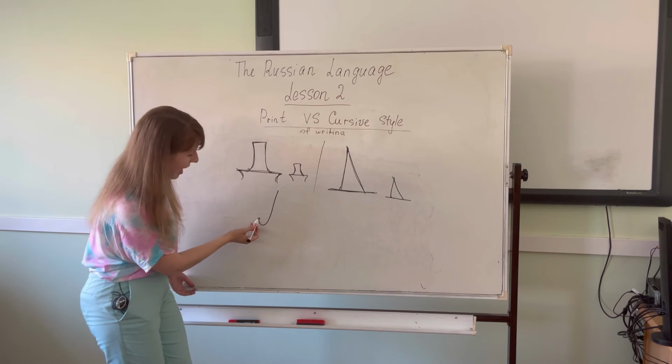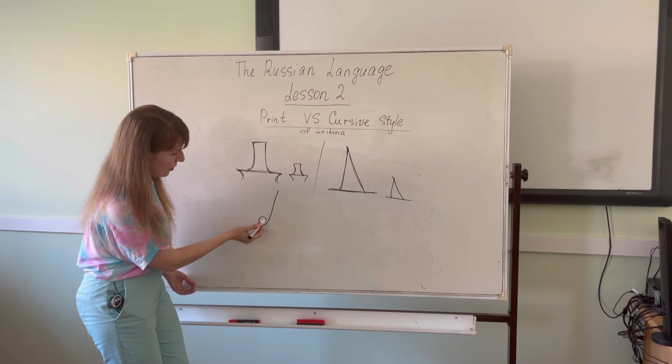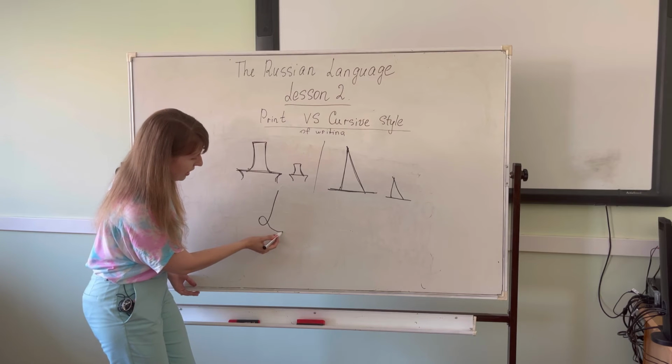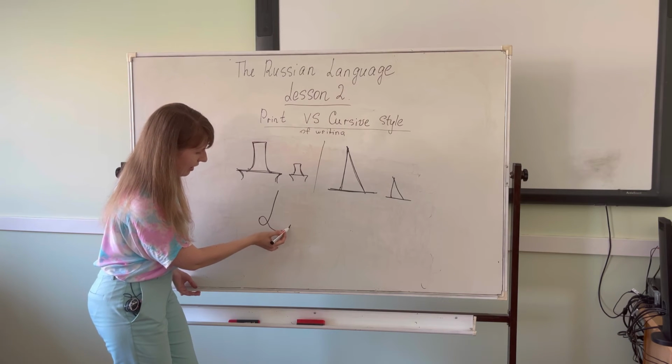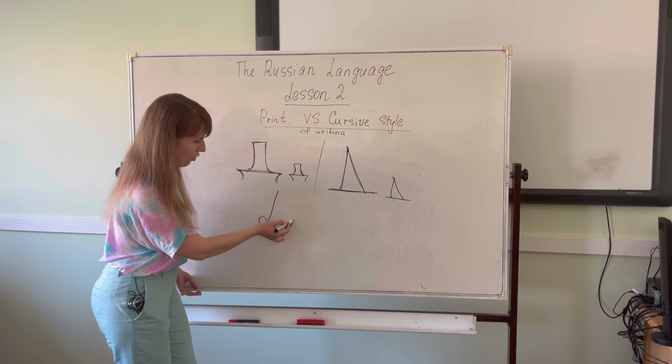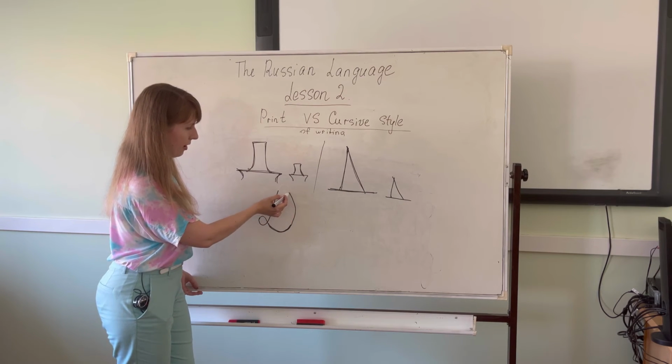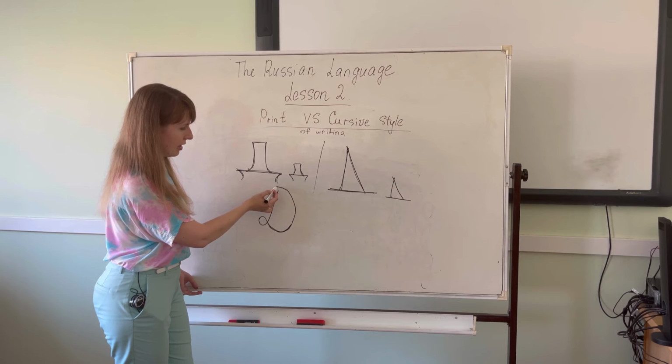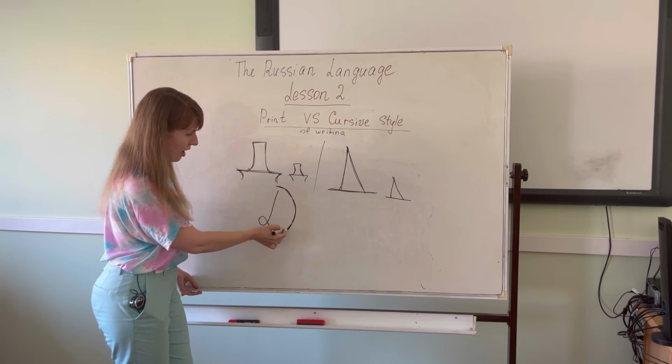Then you make a little loop going down. Then you make a kind of oval line, go upper, upper, upper, and upper, making a kind of a half moon, yeah, like a half moon.